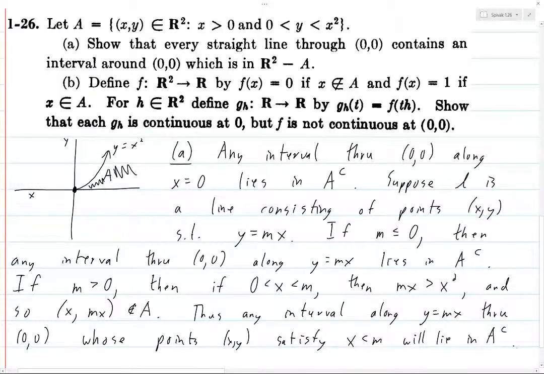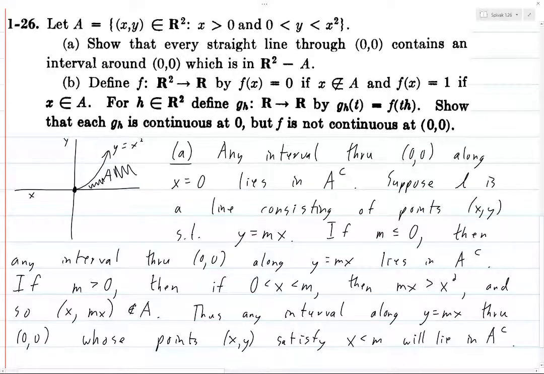And that's because, certainly we can do this because m is greater than 0, so we will be able to make an interval here. And like we said, if you take this interval and consider a point on the interval where x is less than or equal to 0, it's automatically not in A.